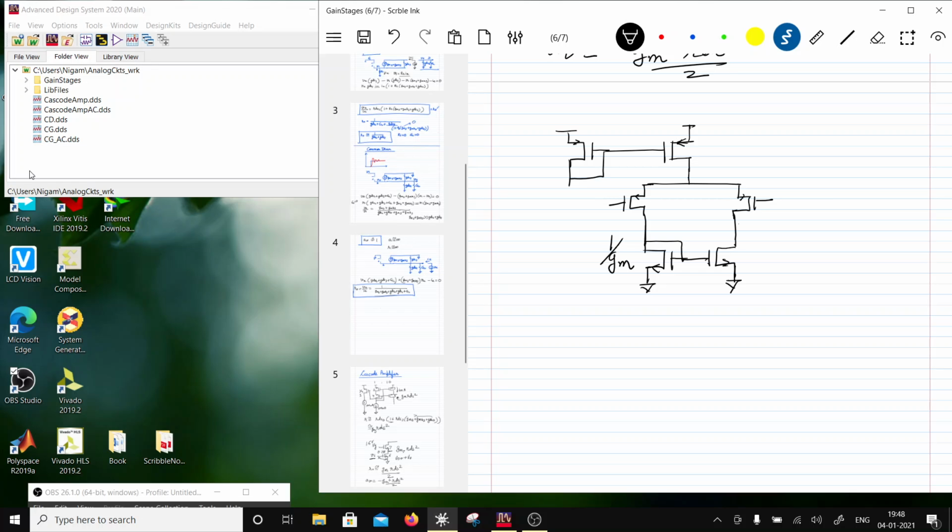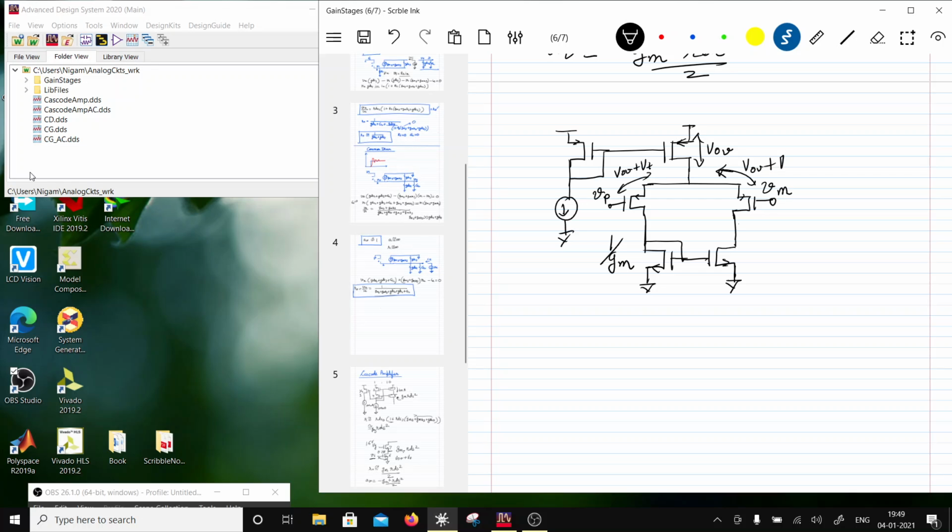I'll tell you why. Just focus on how it works. Let's say I have a signal VP, and let's say there is a signal VM. Now let us assume that VP and VM are at DC values. So this is V overdrive, and this is V overdrive plus VT, and this is also V overdrive plus VT.